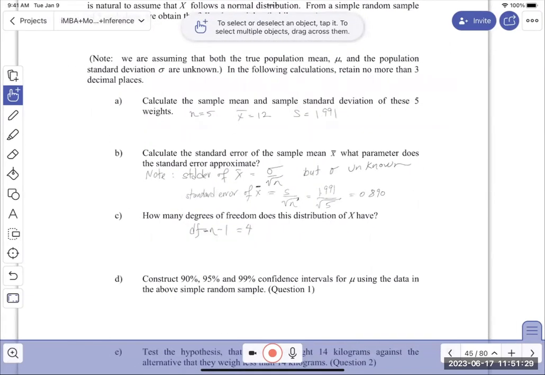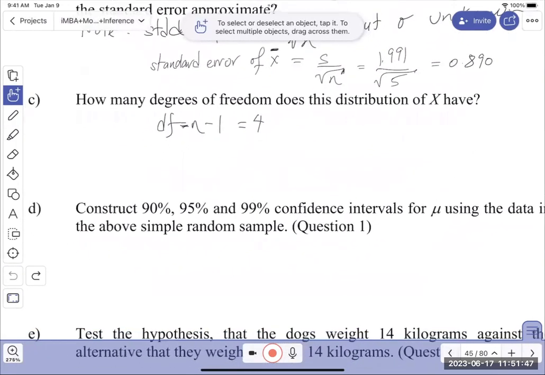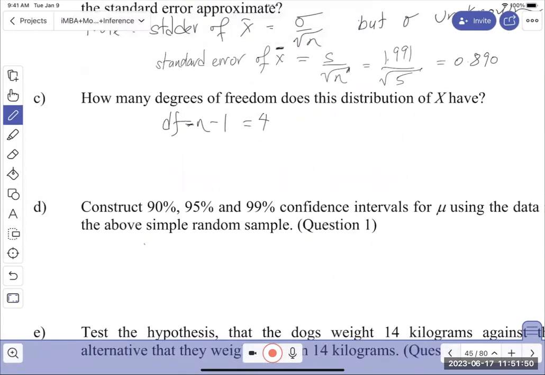So now construct 90, 95, and 99% confidence intervals for the true mean, which we don't know, and we don't know the sigma either. So we're going to use the formula x bar plus or minus t star s over root n.